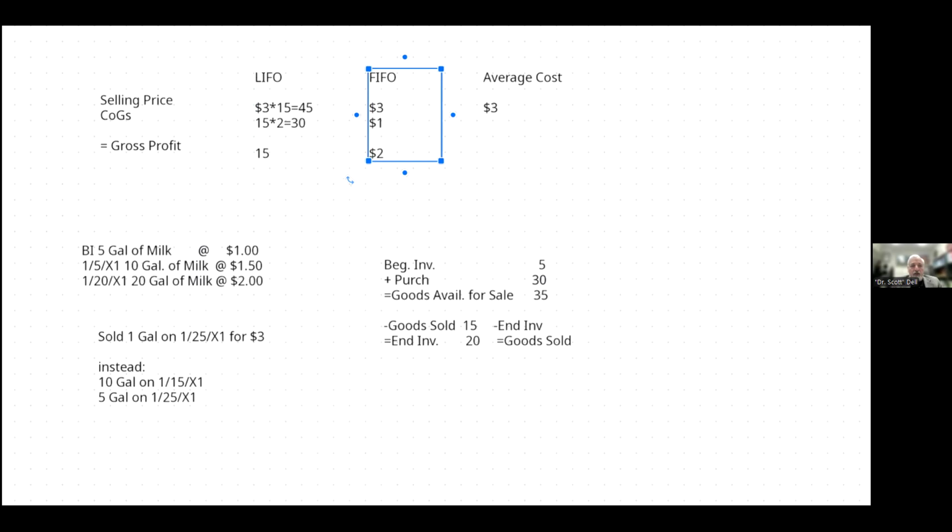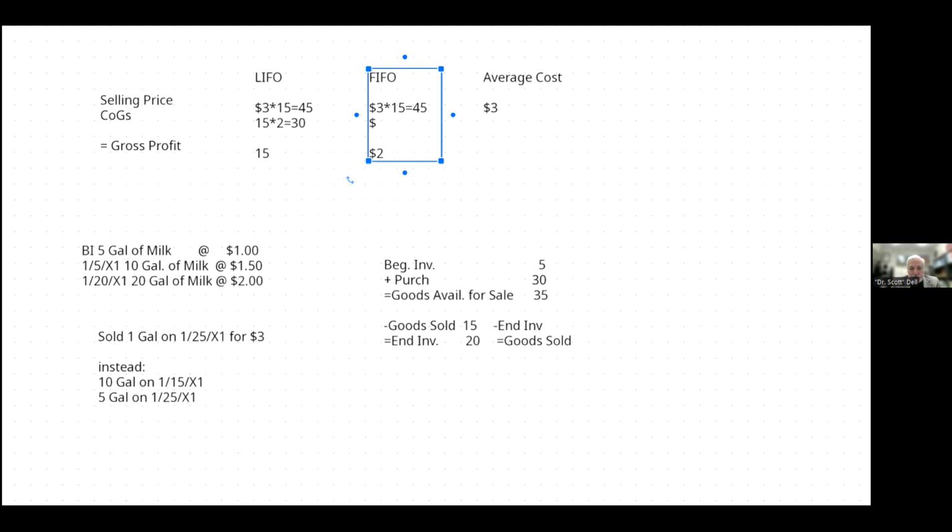But our cost of goods sold is going to change. So in this case, first in, first out. What are the first ones? Oh, we got the dollar stuff here. So we sold 5 at $1. Let's go ahead and put that in. $1 times 5, plus a couple other things. If we sold a total of 15, we sold 5 of those and 10 at $1.50.